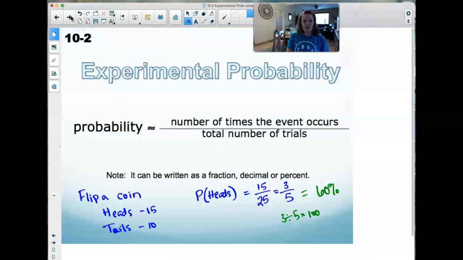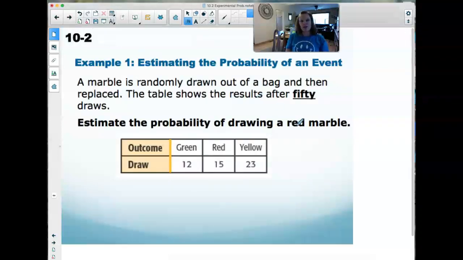All right, so let's look at another problem. Here we're going to estimate the probability of drawing a certain colored marble out of a bag. So the bag has red, green, and yellow marbles. The table shows the results after 50 draws. So I want to know the probability of drawing a red marble.